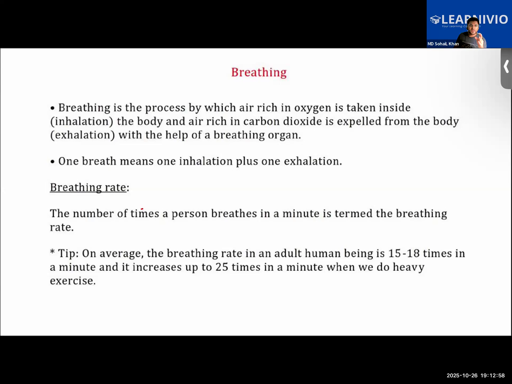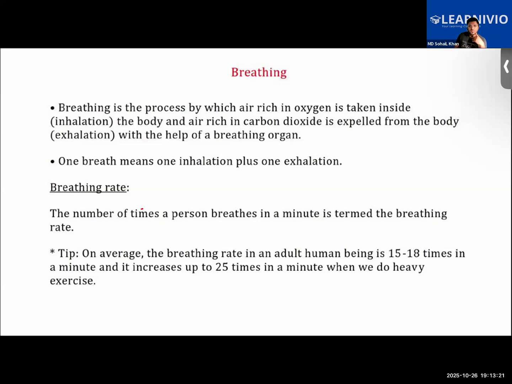So breathing is simply the physical process of inhaling oxygen rich air and exhaling out carbon dioxide rich air. If you were to take a sample of the air which you have just released from your nose, it will have more carbon dioxide than the air which you have inhaled.